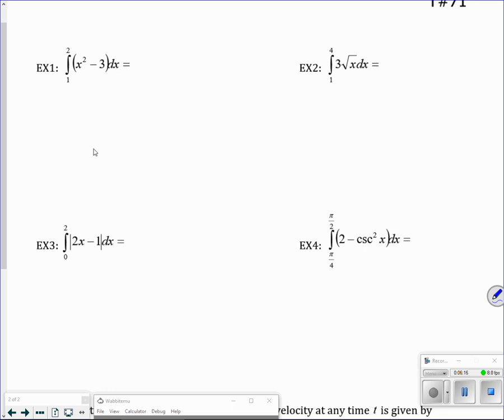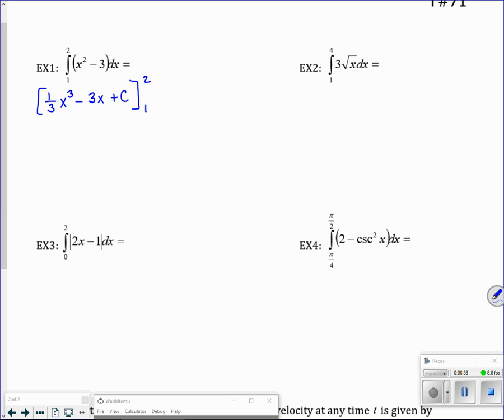So here we go. The antiderivative of x squared minus 3 is 1/3 x cubed minus 3x. Now let's say I put the plus c in there. Now here's the notation. I'm going to evaluate that from 1 to 2. Now remember, it's top bound minus the bottom bound.